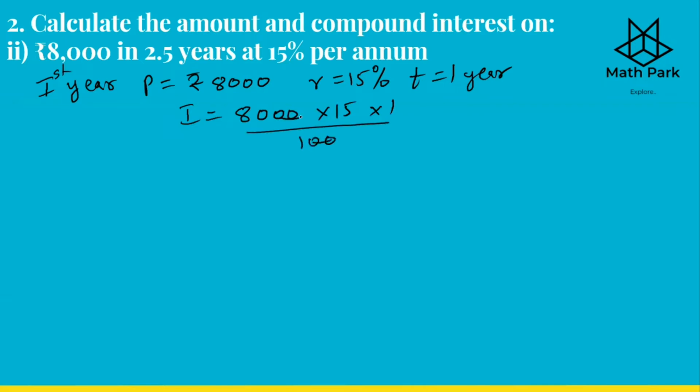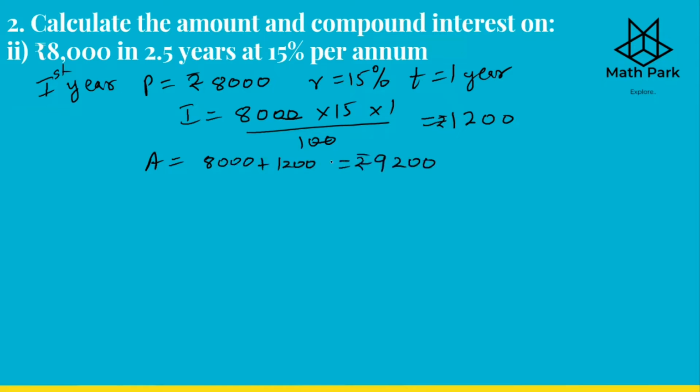On simplifying, 15 into 8 is 120, and one more 0, so rupees 1,200. The amount is principal plus interest, which is 8,000 plus 1,200, which is 9,200.